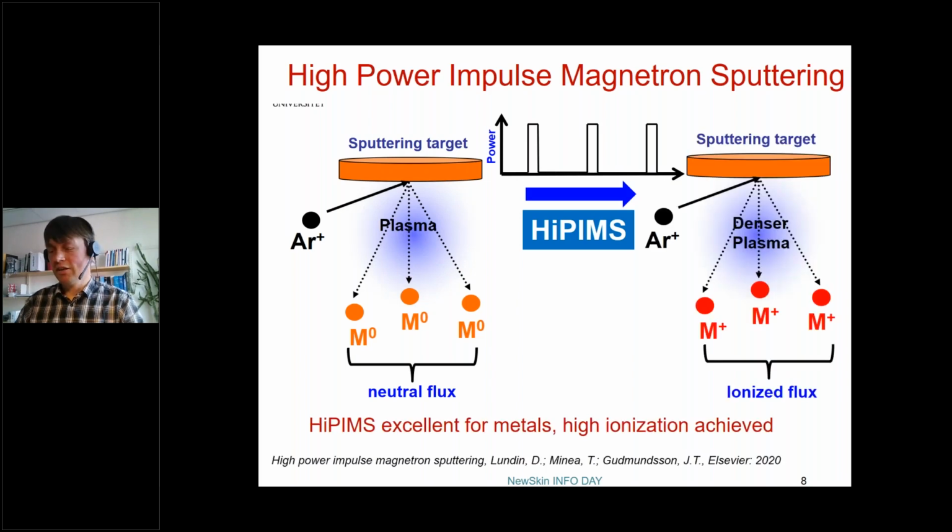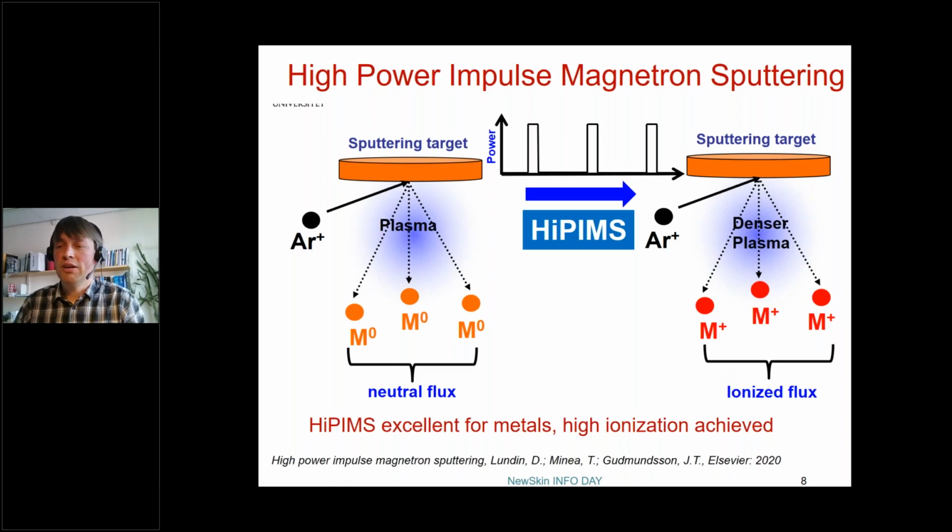But in these pulses, the plasma density is much higher than in the continuous magnetron sputtering process. So not only do we sputter out atoms from the sputtering target surface, but we can also ionize them. And this is what makes the difference.